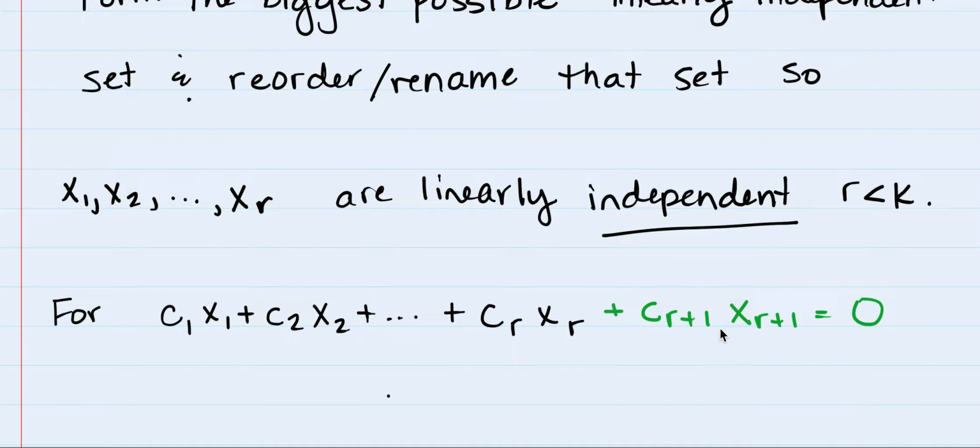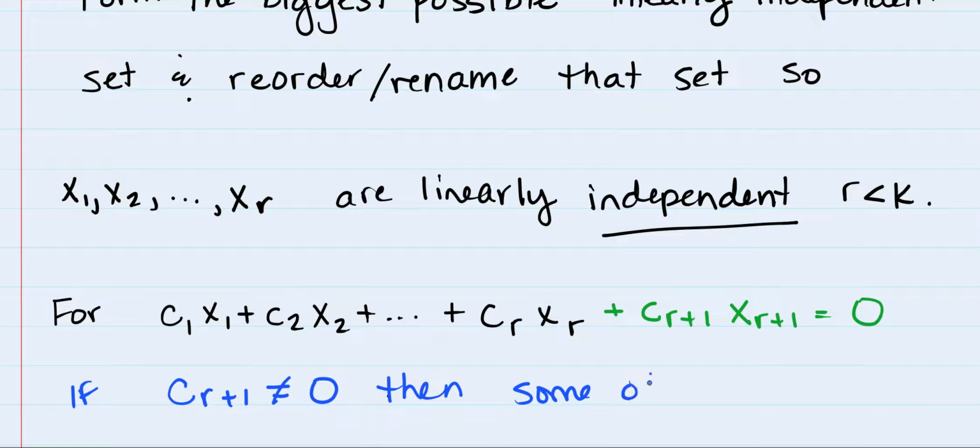Because this is a linearly dependent set, because I'm taking a vector outside of the x1 through xr and adding it, then if cr plus 1 is not equal to 0, then some other ci's are not equal to 0 as well.